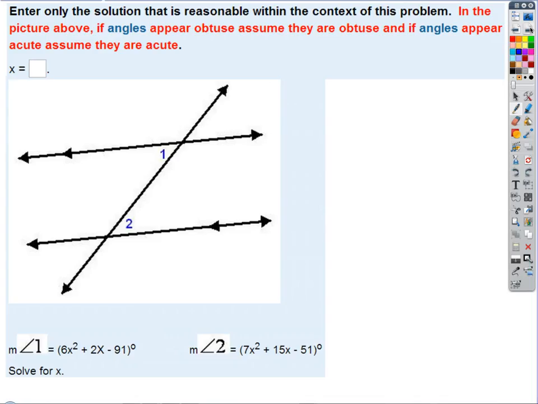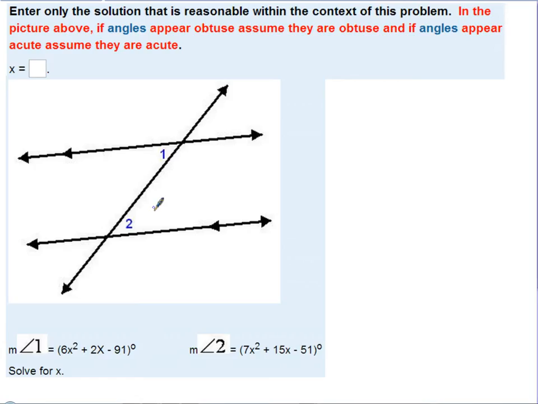Somebody help me. Dylan, help me out. What's an angle relationship here? Angles 1 and 2. What do I know about those two angles? Is there a relationship we know between 1 and 2? Alternate interior. Okay. But can I come up with an algebra equation? They're congruent. They're equal. The measures are equal. Good.